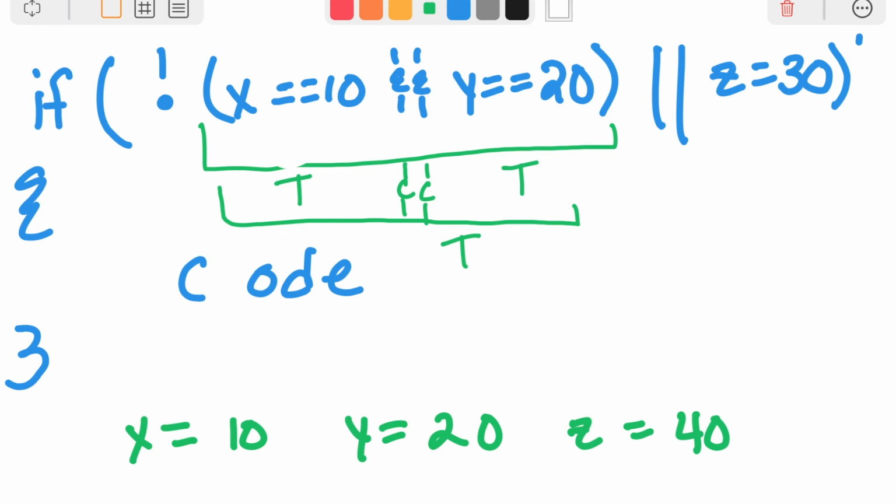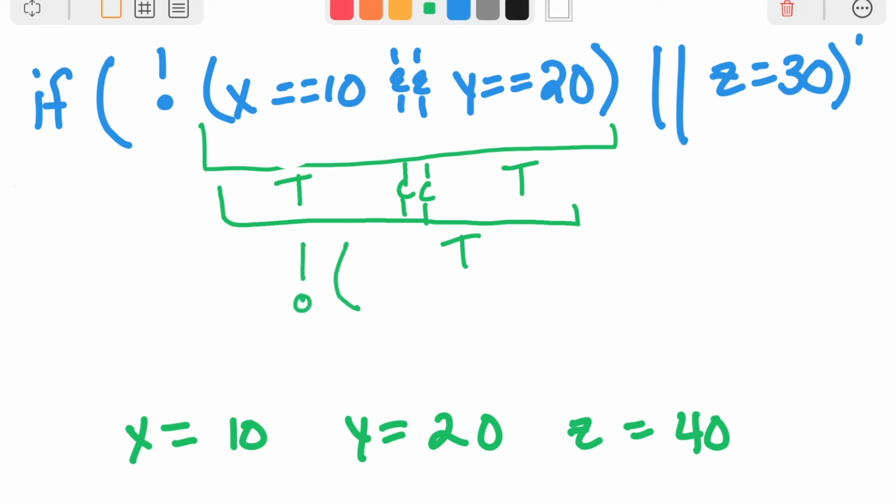Now this is true. So now what we have left, I'm going to erase this. What we have left now is not true, or, so z equals 30 is false.